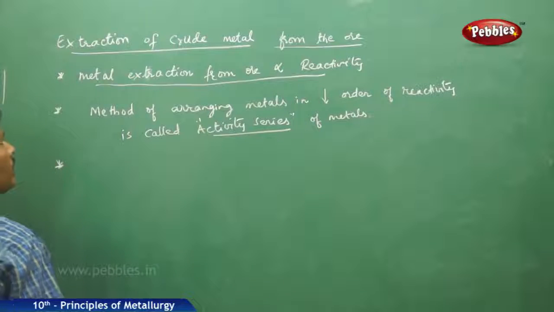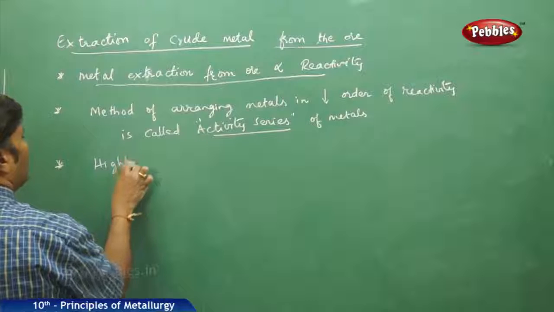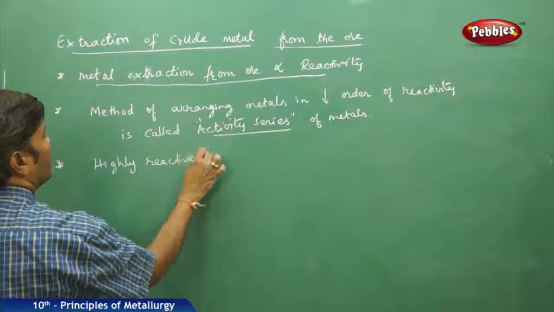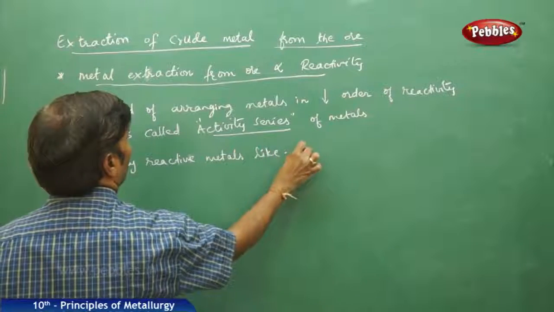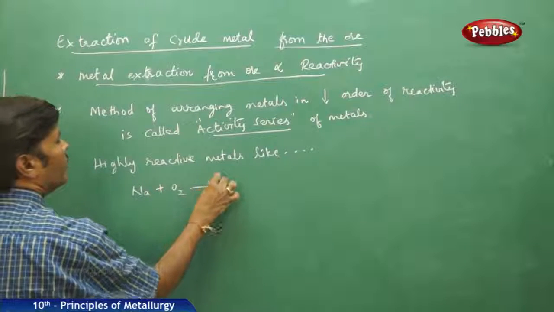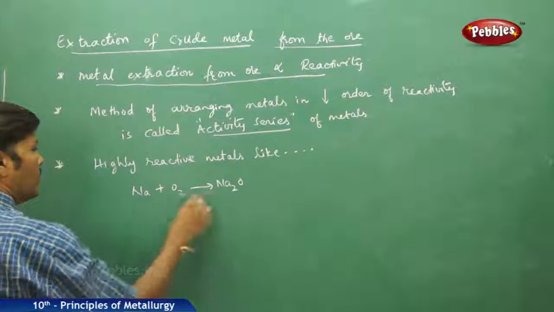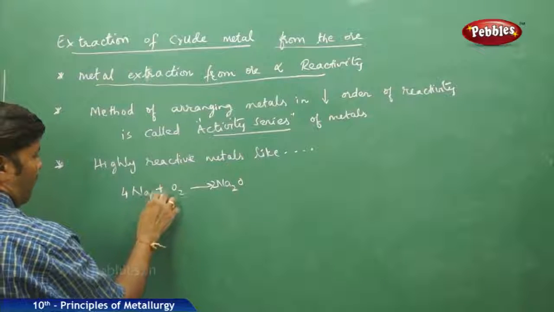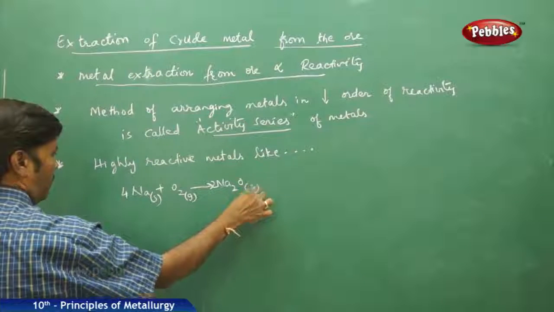If you go for the highly reactive metals, for example, sodium reacts with oxygen to form sodium oxide. Balance the equation: take 2 oxygens, so take 2 here, take 4 here. Solid sodium, oxygen gas, sodium oxide solid.